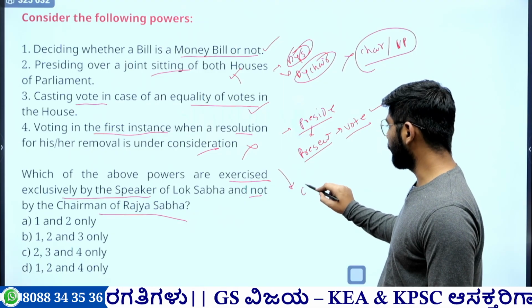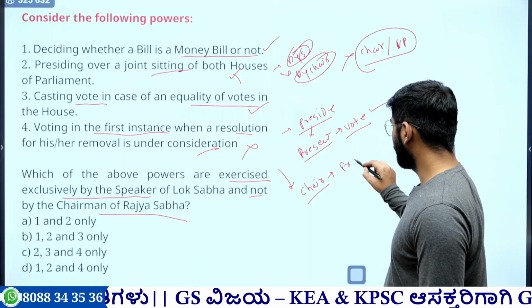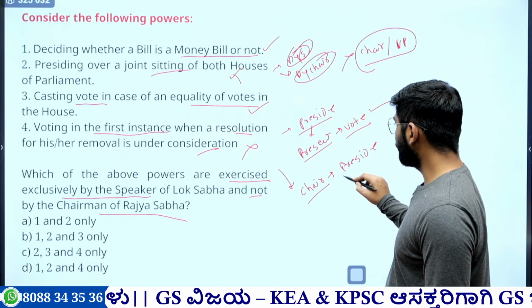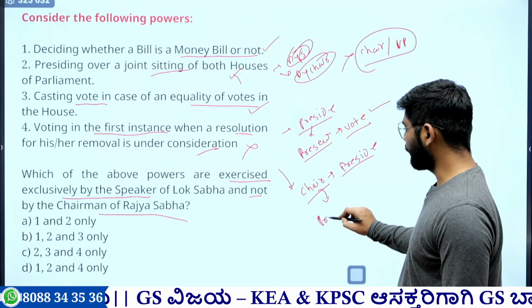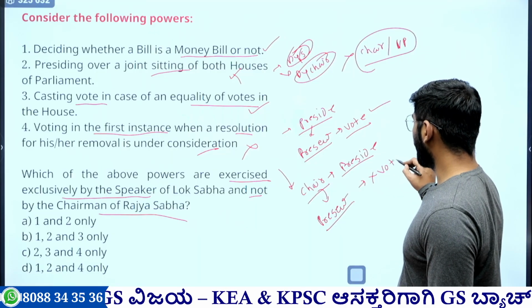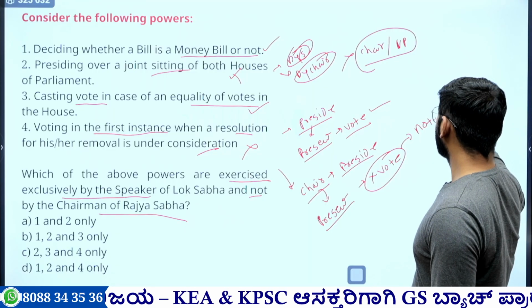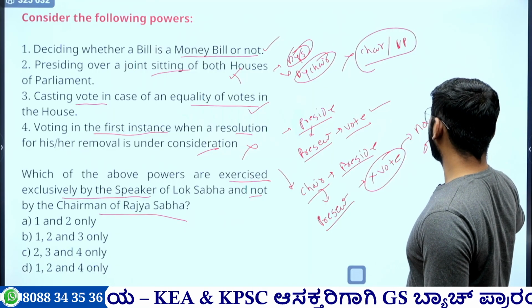So this is the power given to the Speaker. But when it comes to the Chairman of Rajya Sabha, he will not preside, but he can be present. He can be present, but cannot vote. Why can he not vote? Because he is not a member of Rajya Sabha.